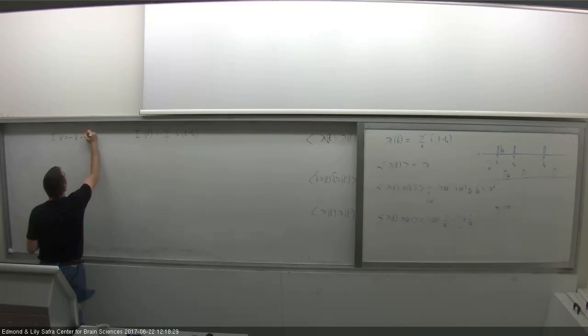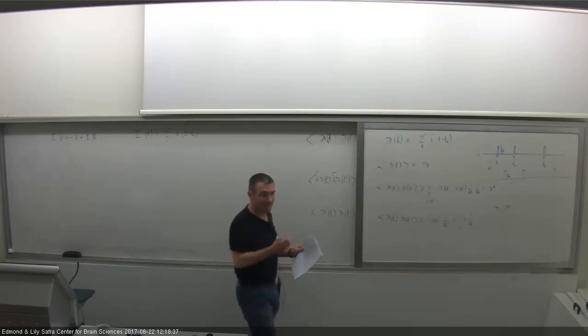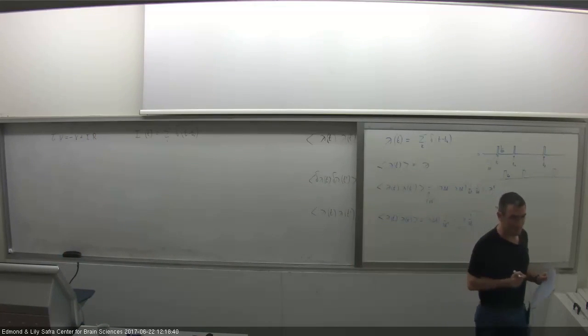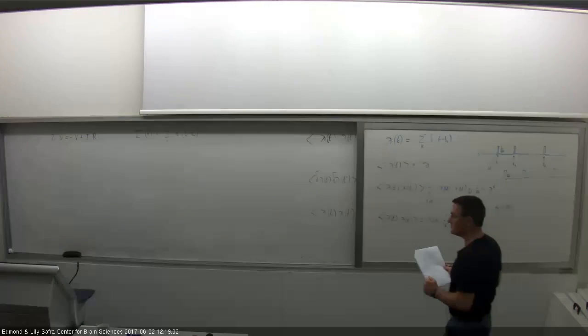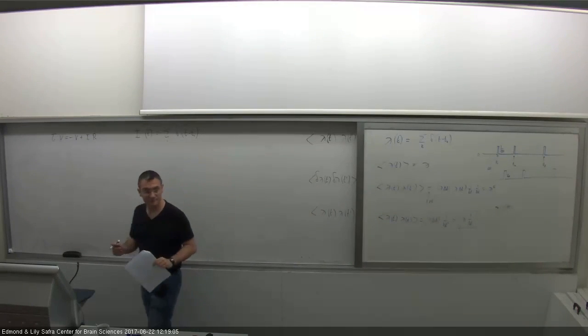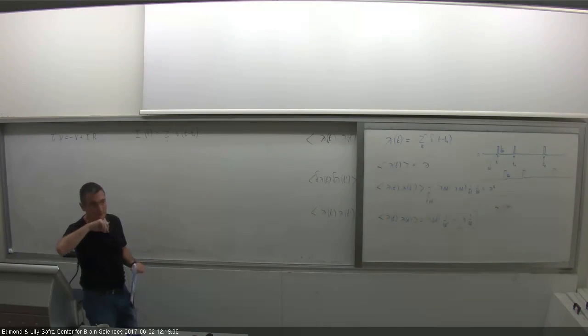Tau v dot is equal to minus v plus IR, right? So what would be the effect of a single action potential on the membrane potential? Well, from this equation, what is the I per action potential?